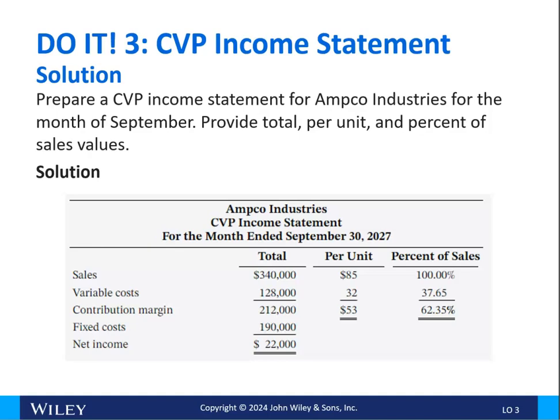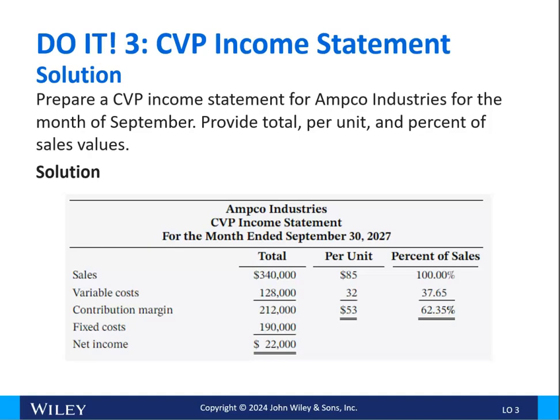And here's what that looks like. Our sales are $340,000, $85 per unit. Our variable costs are $128,000, so $32 times our volume, and that's 37.65%.